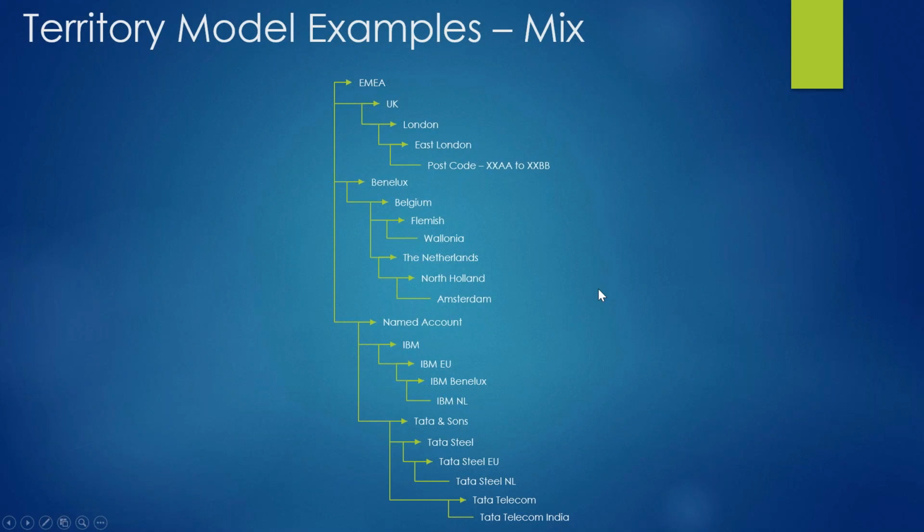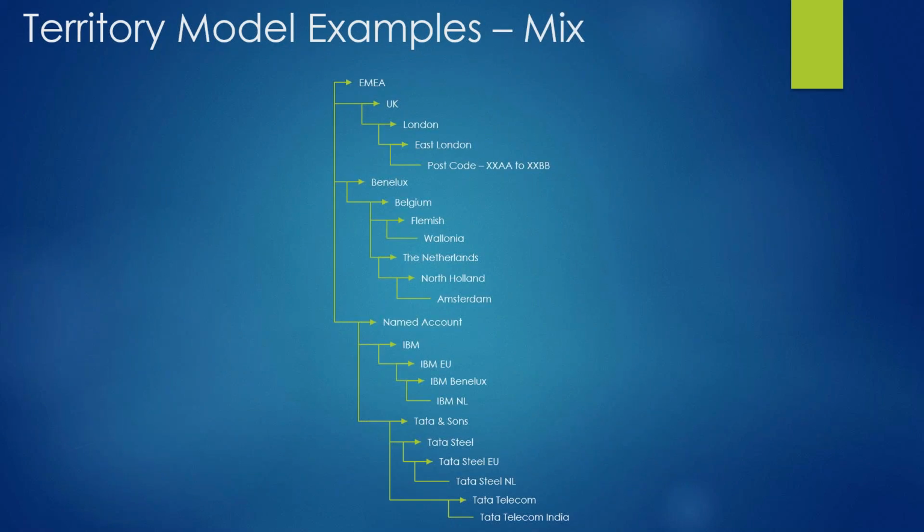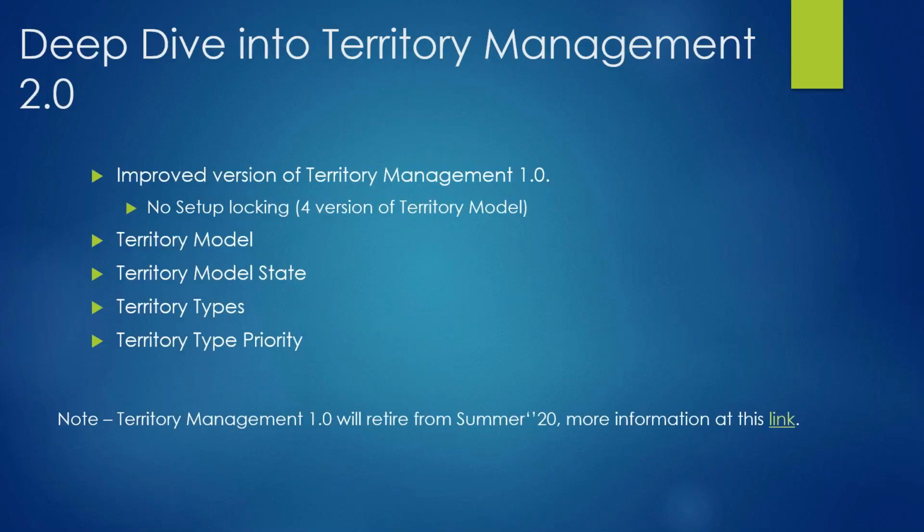Now I can have this territory model and this territory model. In Territory Management 1.0, we could have either of them. We can have size based, region based, or a mix. And even in the mix, if we were changing something, there were a couple of limitations. But because of Territory Management 2.0, we can have multiple models.